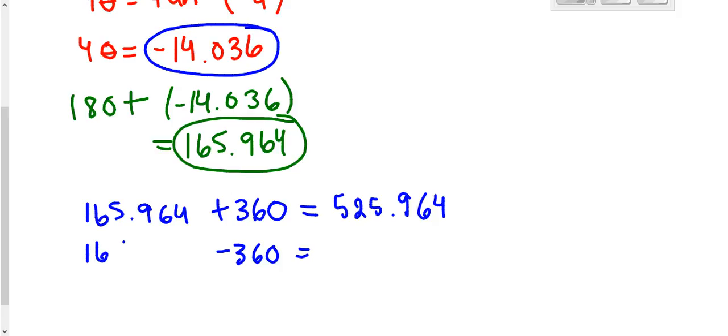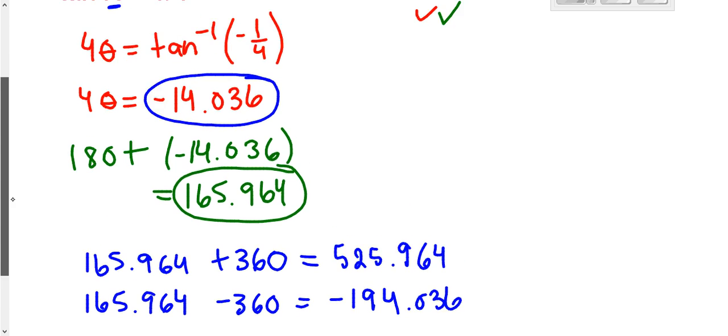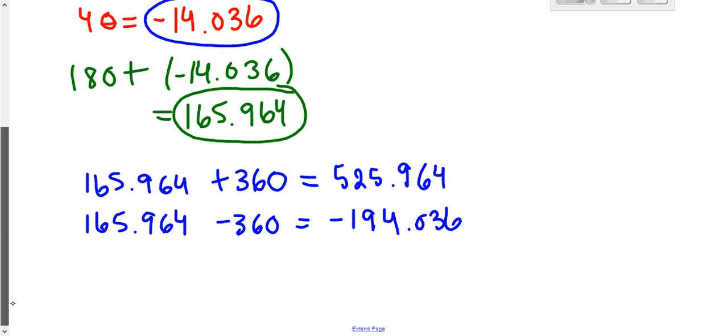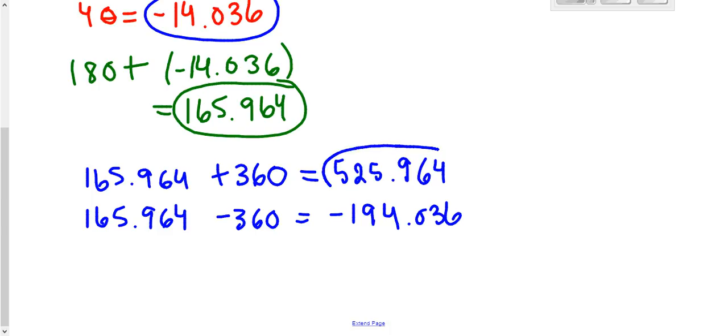And when you subtract it here, you get negative 194.036. If we look at our interval, we're at negative 720 and positive 720. So both of those are in our interval. So I'm going to go ahead and circle them.